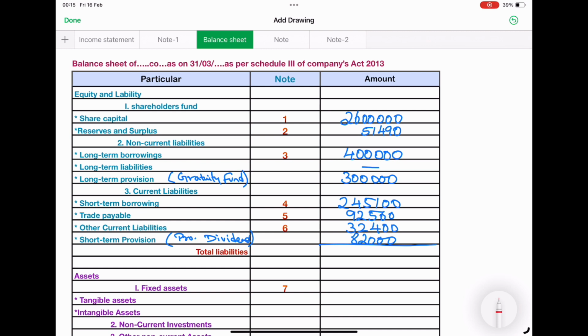So if you add all these, our total will be 38,03,550. Okay, fine, you have to add all these values. So now we'll move on to assets.